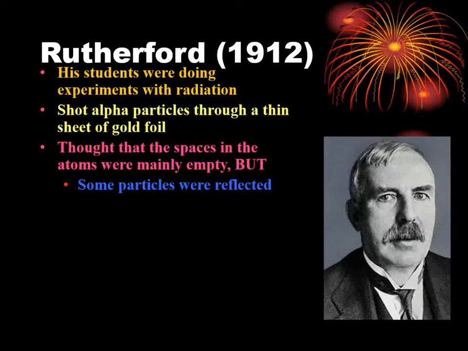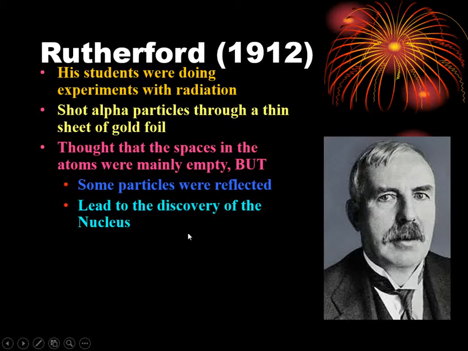That the atoms were not invisible, okay? That there was some sort of piece of atom there. He discovered the nucleus. Important guy, discovered the nucleus. Okay? The fact that there was something in the center of the atom that actually made holes in this gold foil. Okay? So by 1912, we had discovered the nucleus.